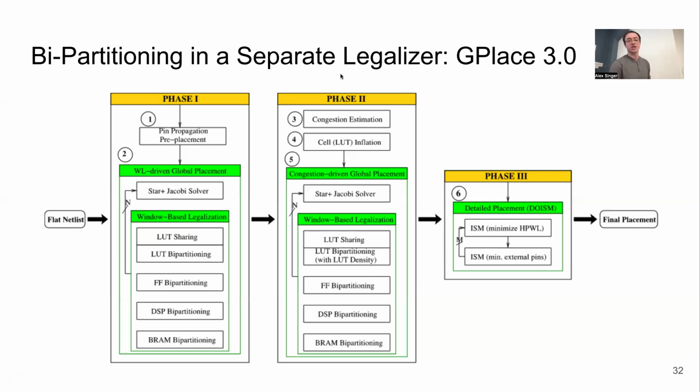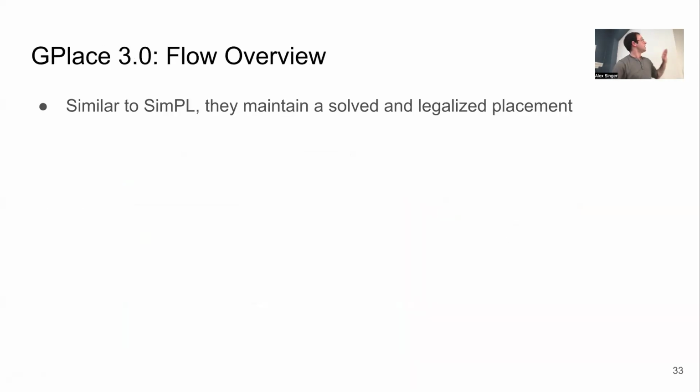Once they know where the congested regions are, they inflate the LUTs so they take up more space, so hopefully we'll spread out the congested regions. Then we do the same global placement again, but with these inflated cells. And then finally we do detailed placement, which is a bit complicated, and I'm not going to talk about it in this talk.